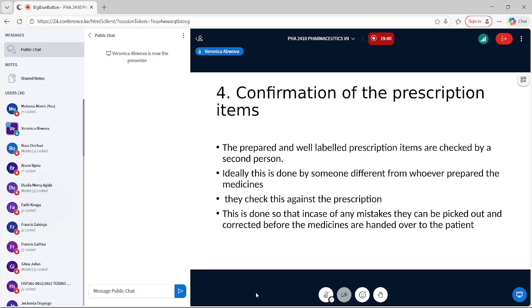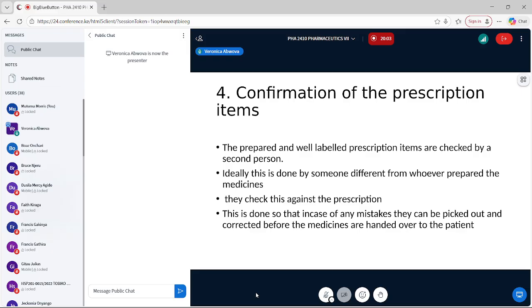But before we call the patient to come and pick their prescription items, we confirm whether the prescription items are actually what was prescribed. This is usually done to ensure that if there are any mistakes, they can be corrected.